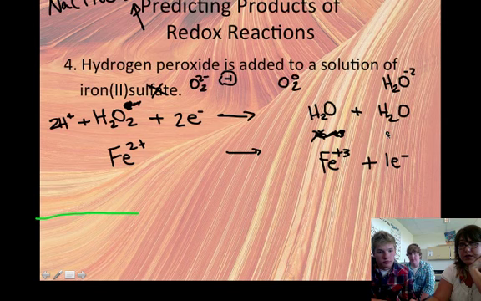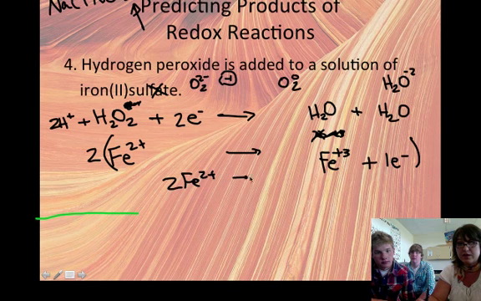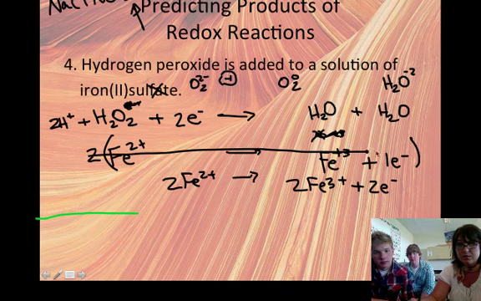Now we have to make sure electrons are equal. So I'm going to have to multiply this entire reaction by 2 to make the electrons the same. So 2 ferrous ions gives us 2 ferric ions, a 3+, and 2 electrons. So now we're going to add our half reactions together and we'll be balanced.